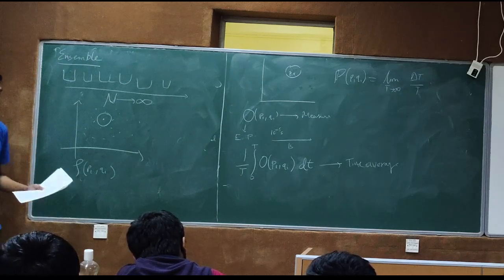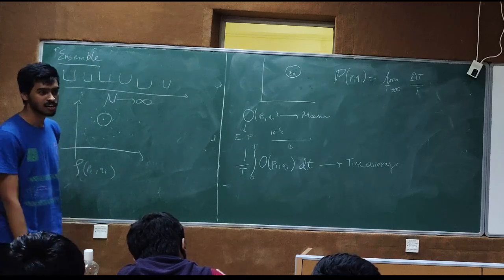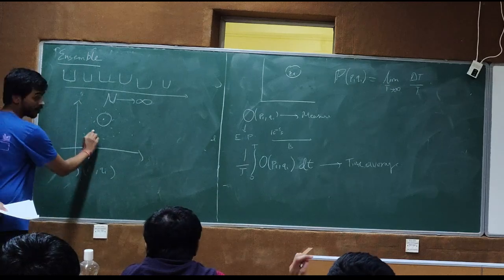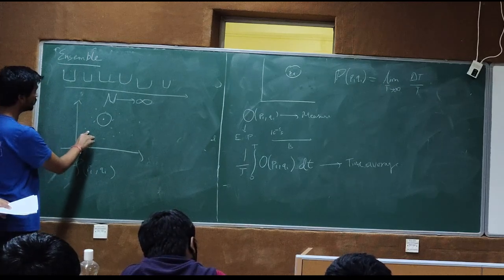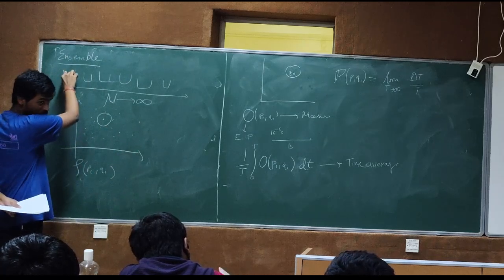Is this fine? So the points you are marking are all the phase states accessed by each system? No, this is at a given instant of time. Each point represents one system.